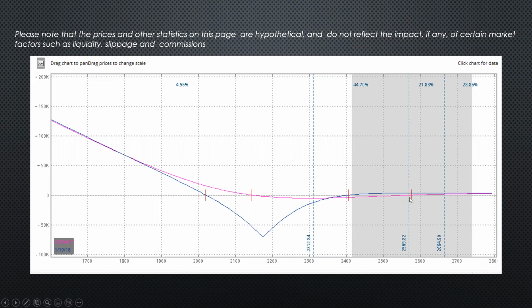So it is crossing the magenta line, and here is the 0 P&L. Above is a positive profit, and below would be a loss. So it was right around break even. And at expiration, if price was at that same point, it would be above the 0 line or at a profit. If price was down here, for example, at expiration, it would be at a loss. And also, if price was here today, we would be working at a loss.